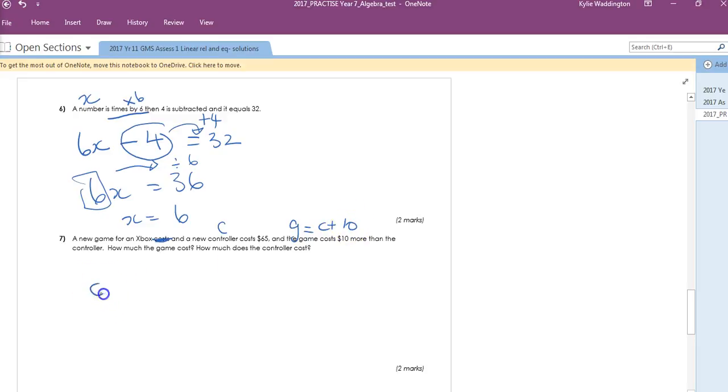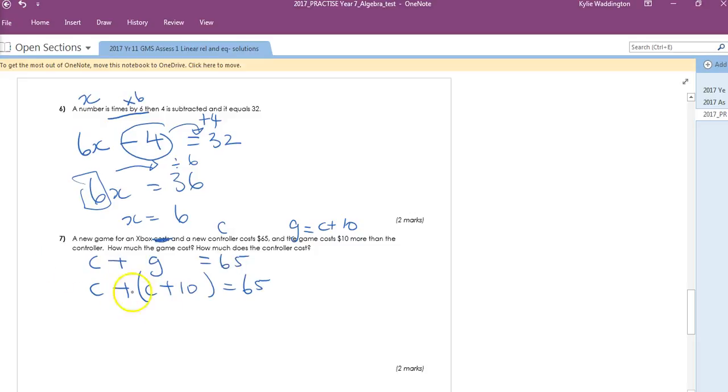And all of it together equals 65. Now, I just put the brackets in so that we understand that it's a controller plus the game. So the game is equal to that, equals this.